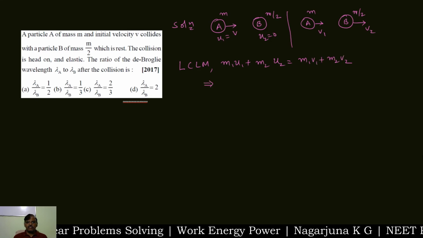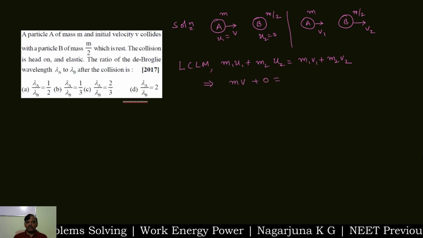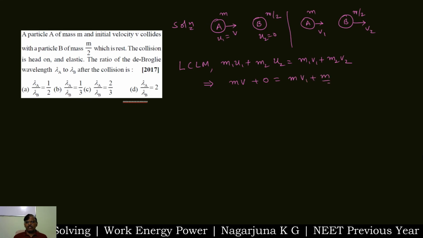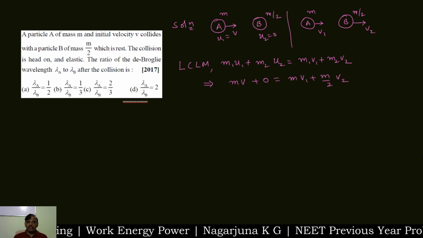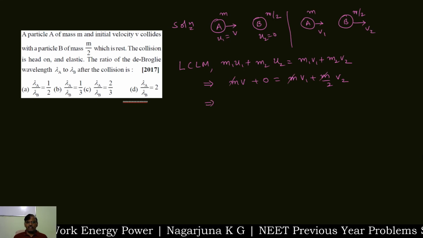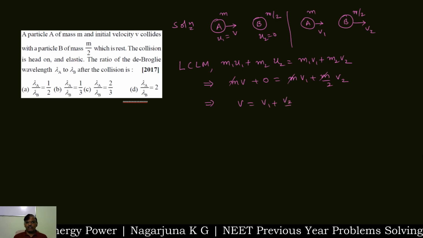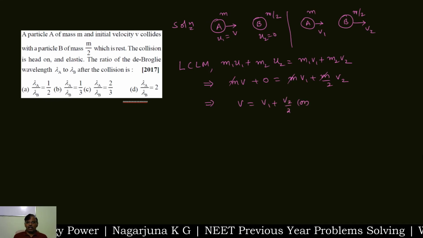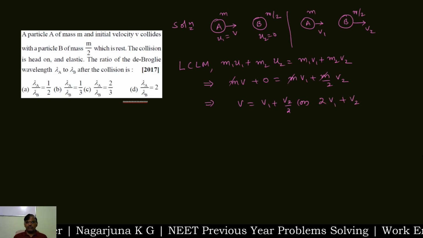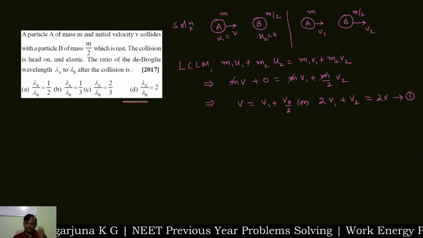So m into v plus 0 is equal to m into v1 plus m by 2 into v2. In all the terms m cancels, and that implies v is equal to v1 plus v2 by 2, or 2v1 plus v2 is equal to 2v. Let us call it equation number 1.